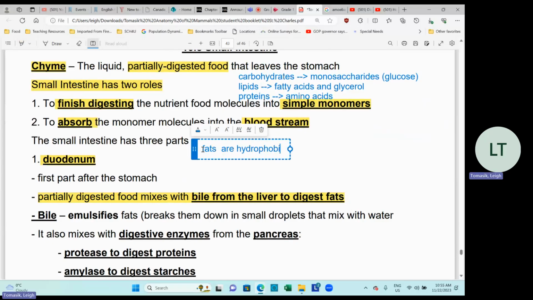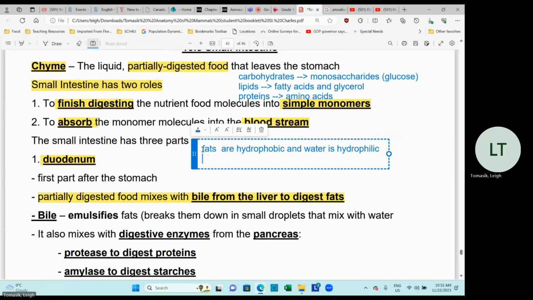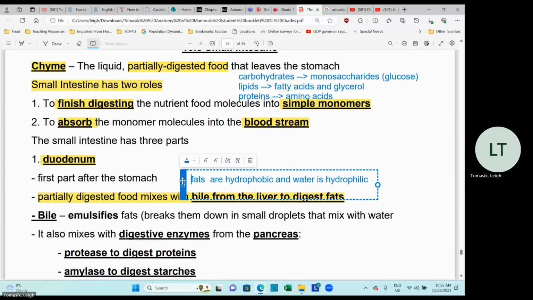So normally fats don't like to mix with water, but bile is a special kind of chemical called an emulsifier. And an emulsifier takes some fat and some water and allows them to mix together, right? So it's going to break down the fat into very small droplets and allow it to mix with water.